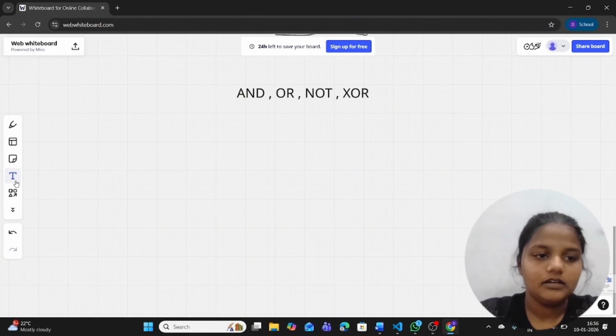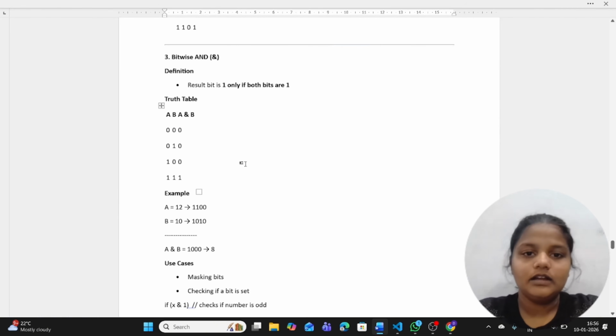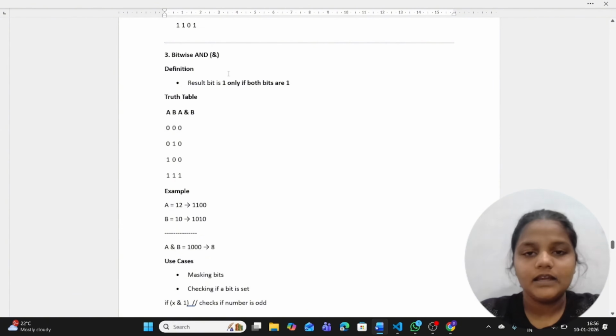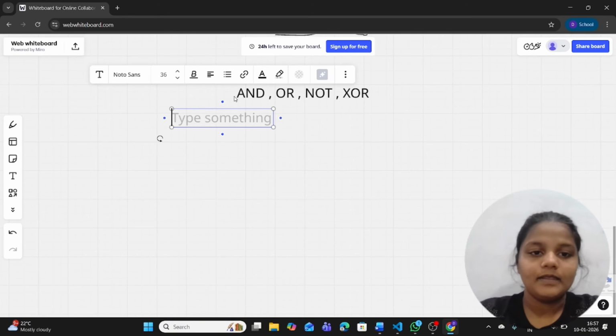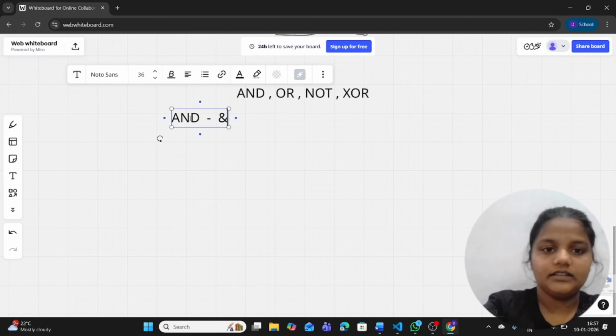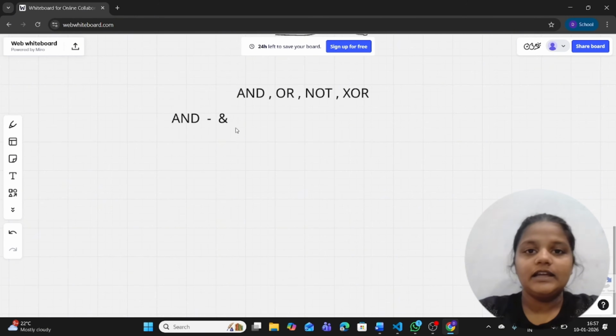See, AND means the AND gate, and we have the AND symbol. So AND means, when both values are true, only then the output will be true.